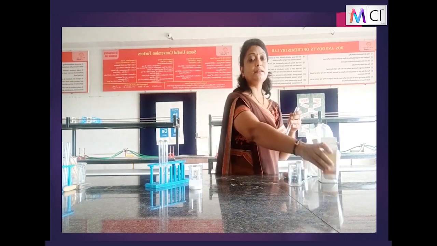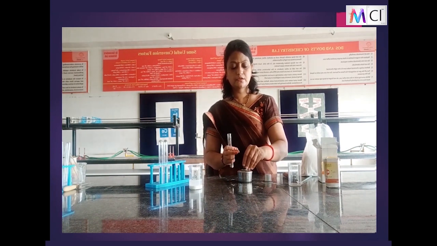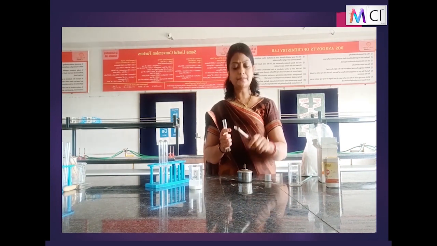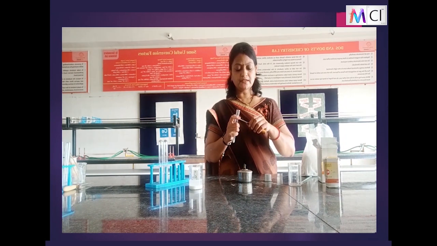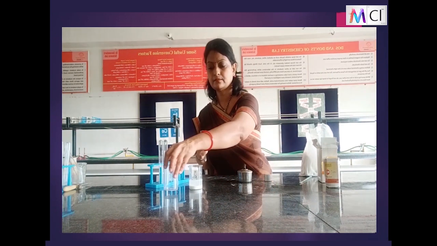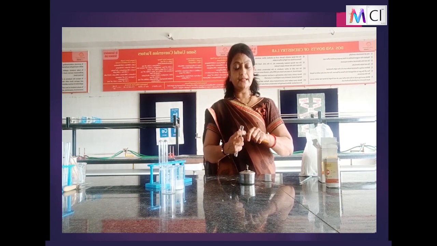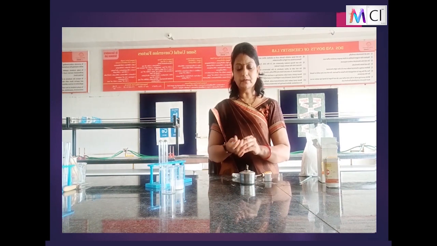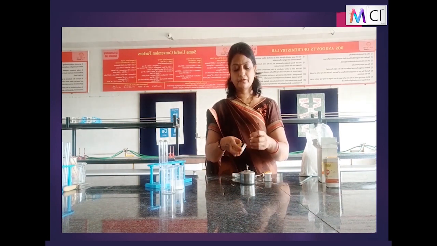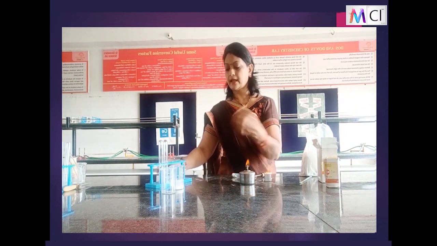Now let us heat this mixture. For heating, I have the spirit lamp and the tongs with the help of which I will hold the test tube. Now children, whenever you heat a test tube, always keep the contents away from your body, with complete precautions. Here I lit the spirit lamp.